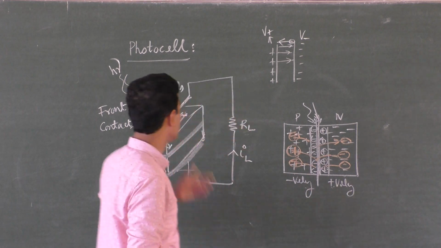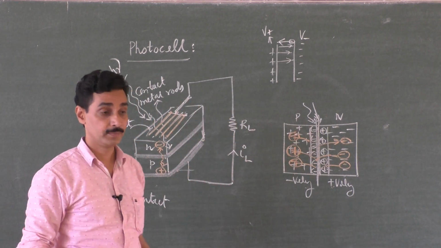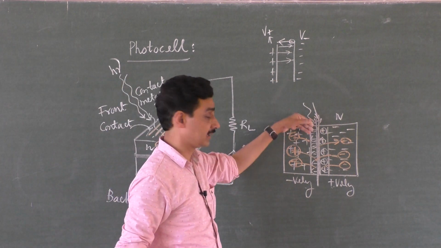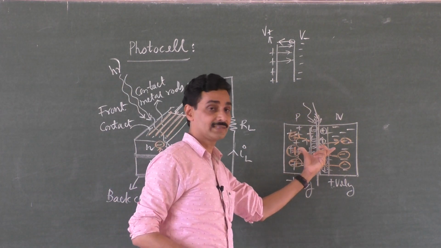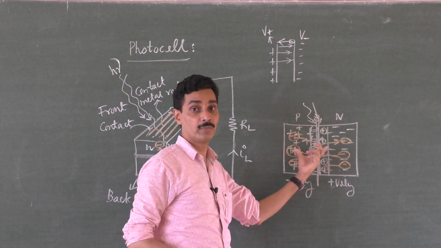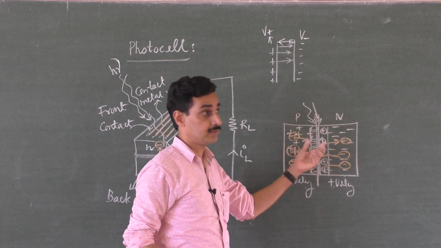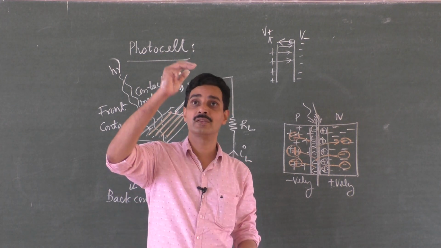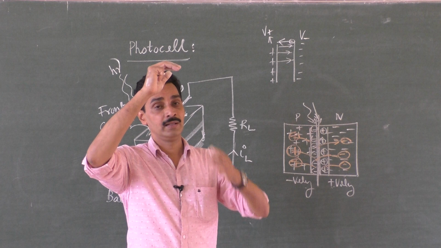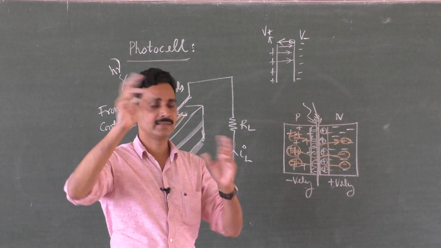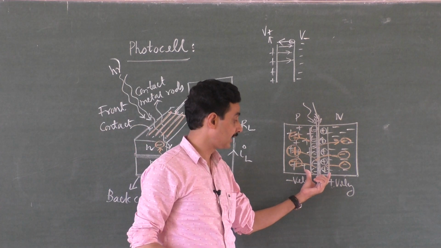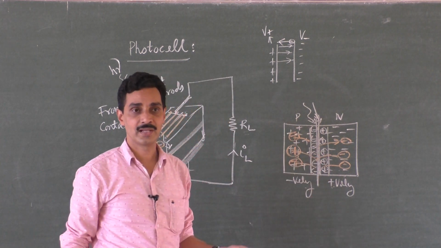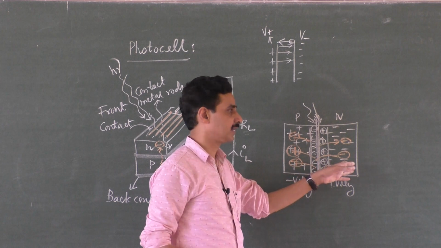or photocell. Why photocell? Because it will act like a cell only if light falls on the junction, only if the separation of electron and hole pairs is done, right? Light should fall on the junction, electron hole pairs must be created, because electrons will go to the conduction band and holes are created in the valence band, and they get separated because of the already created electric field in the junction, and they move across the junction. That makes one side positive, another side negative.